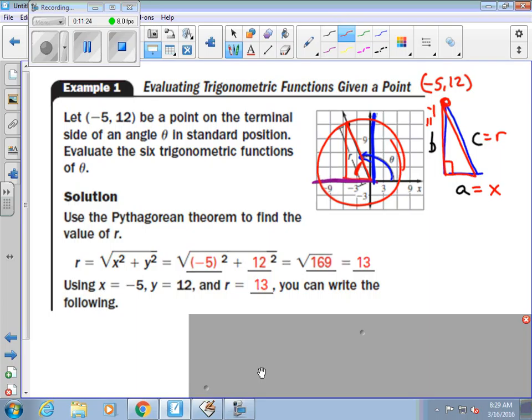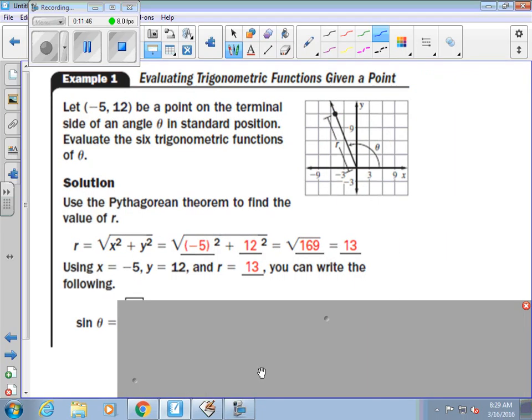We're not dealing with the obtuse triangle anymore. All we're dealing with is the reference triangle, where C's value is 13, B's value is 12, and X's value is 5. We're not using -5 because distances aren't negative.